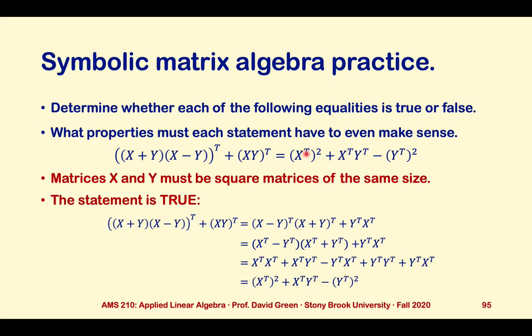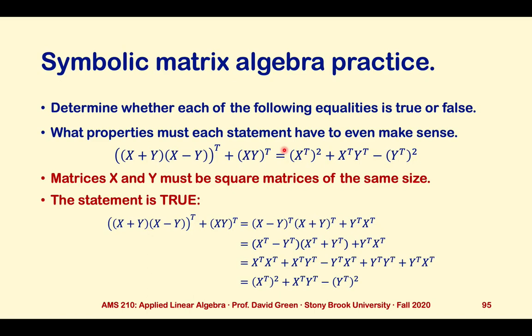So the fact that this is x transpose squared and y transpose squared doesn't change this requirement. We're also taking sums of x and y and a product here of x and y and here. So x and y also have to be of the same size. If they are of the same size and square, is the statement true? It turns out that it is.